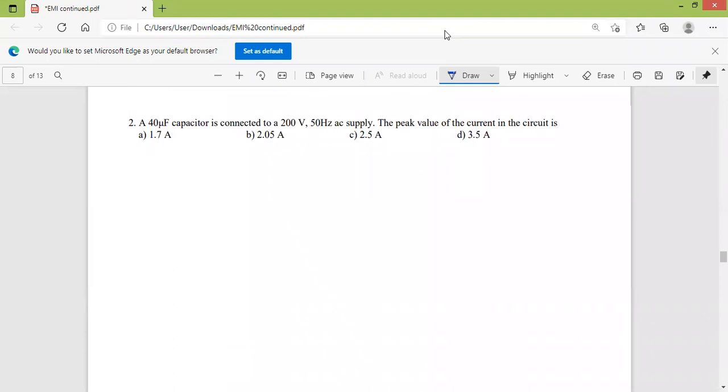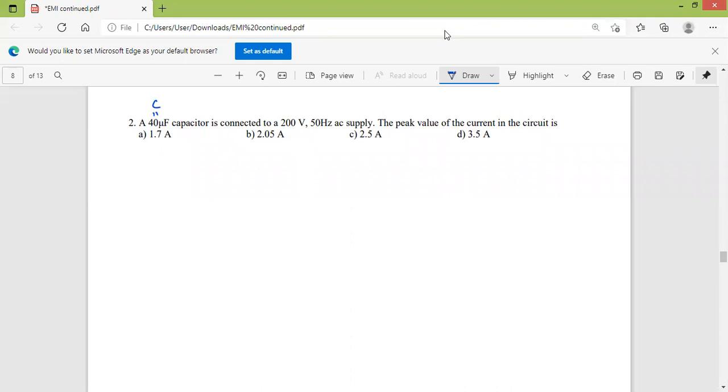Second one. A 40 microfarad capacitor is connected to a 200 volt, 50 hertz AC supply. The peak value of the current in the circuit is to be calculated.